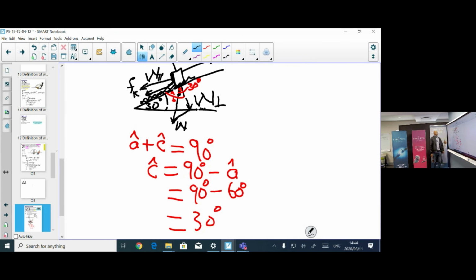What is parallel there? This W here is parallel to this surface. Now we have the kinetic frictional force. We have a parallel force.